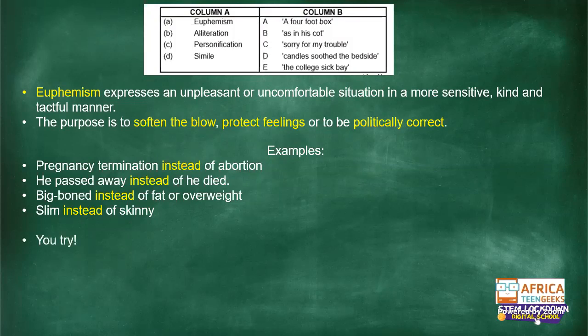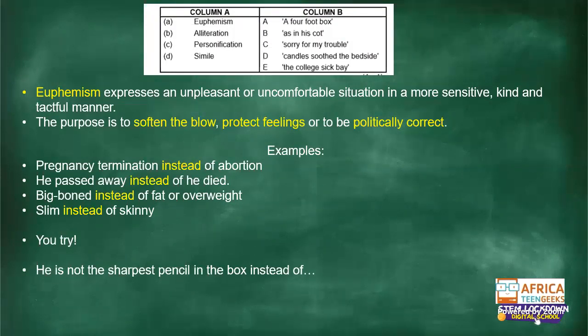So here's an example that I want you to try out. Here you are saying he is not the sharpest pencil in the box, okay? So we have used this sentence. What is this person trying to say? When you are saying that he is not the sharpest pencil in the box, what is it that you are trying to say? You can type your answer in our chat box, or you can raise your hand, whichever you prefer.